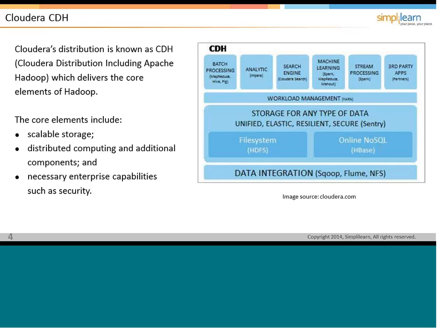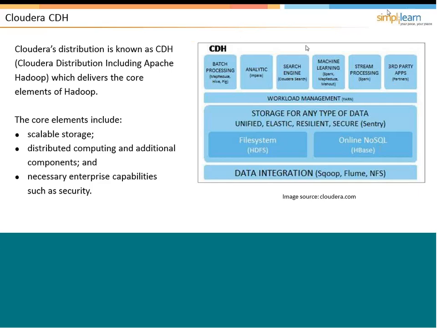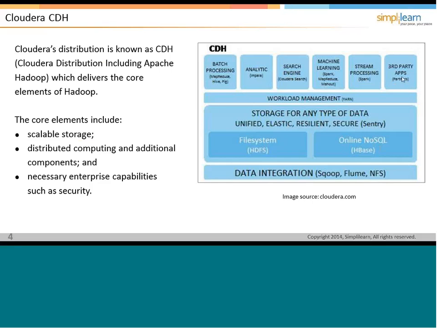It delivers the core elements of Hadoop, and this is the architecture, as you can see, which helps you understand what components can be included in Cloudera. As you can see here, there is MapReduce, Hive, Pig for batch processing. There is Impala for real-time query analysis.